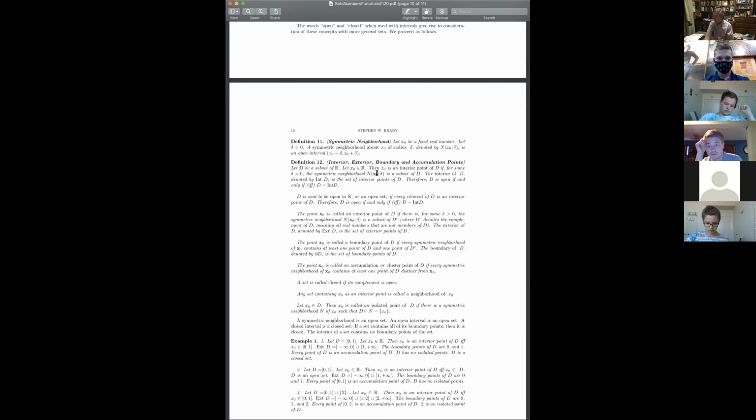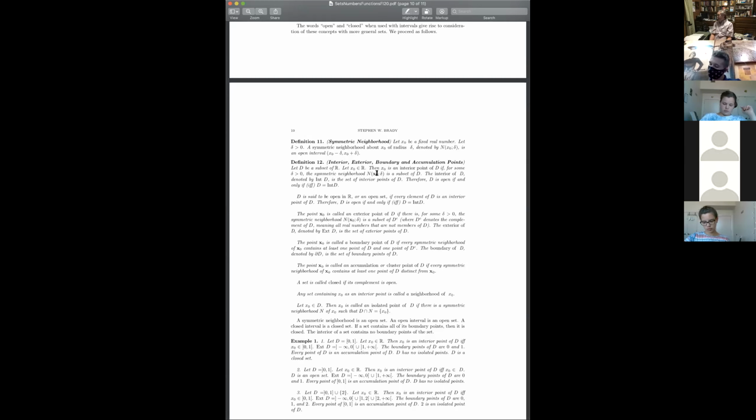Now, this means the set has got to be solid, so to speak, number-wise. Okay? An interior point, everything around it is also in the set. An exterior point is an interior point of the complement of the set.